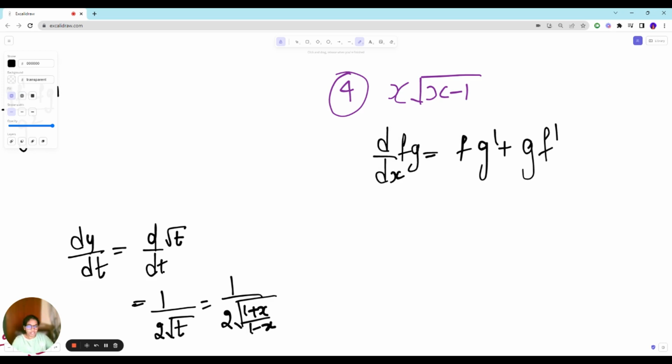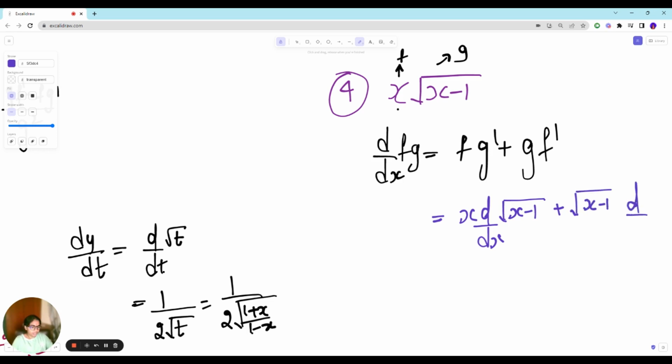If this is f and this is g, I keep f as it is. Let me write it down. I would have to find the derivative of square root of x minus 1, plus square root of x minus 1 into d by dx of x.